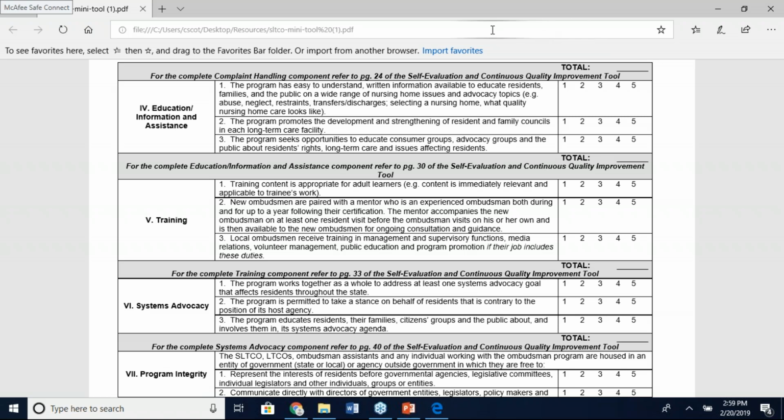When someone is brought on new to the program, they come here for an additional week of management training, and this is part of that training so they can look at what their local program is doing well on and needs to work on. We have also done this as a training activity when we're all together as a state group. So the local programs have completed this self-evaluation.